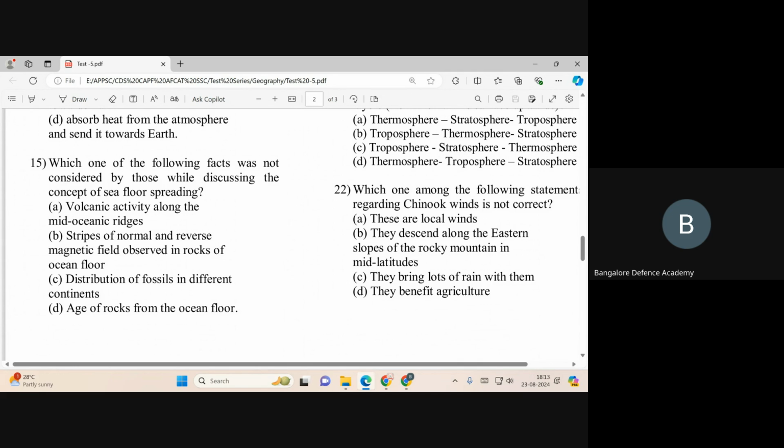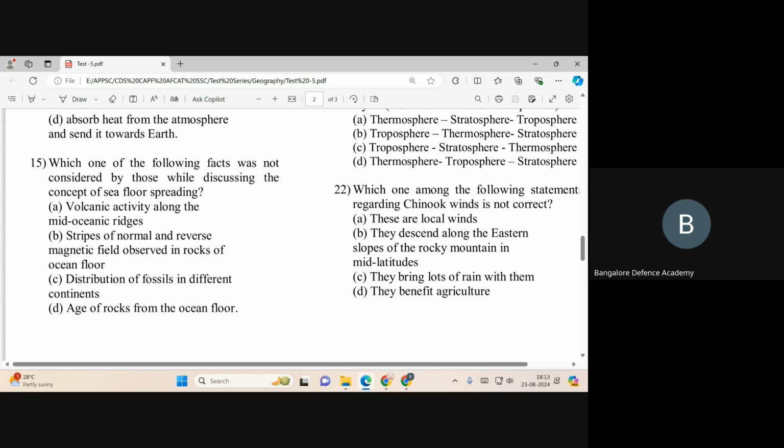Okay. Next one is pushing the ocean floor, so that's the spreading of the ocean. One is age of rocks. Next one is magnetic field. I told you already. One is north and south, the next is south and north.